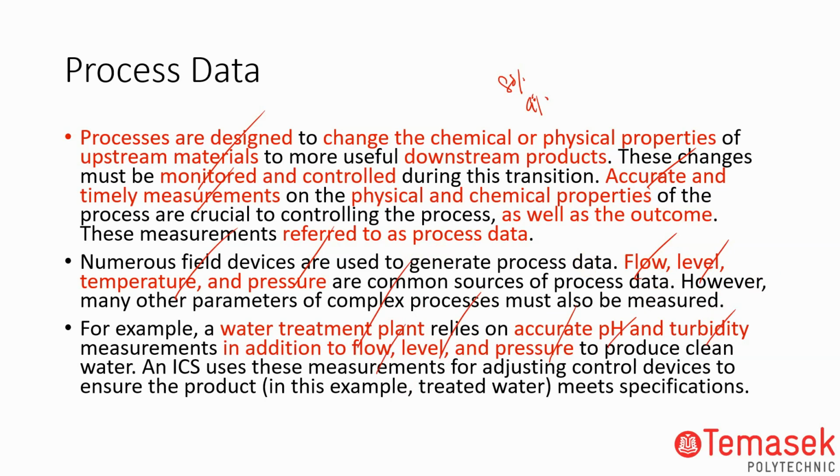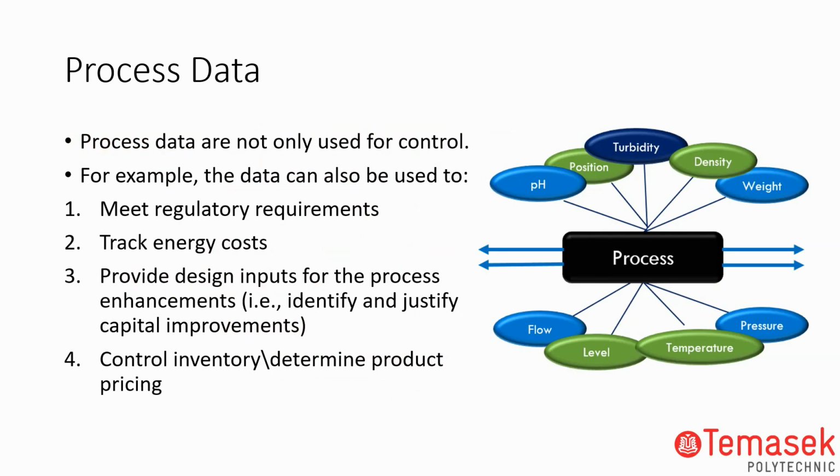Some of these things require constant measurement to meet the specification. So these are the things that are involved. Whatever is collected goes inside there, and then outputs to all of this.